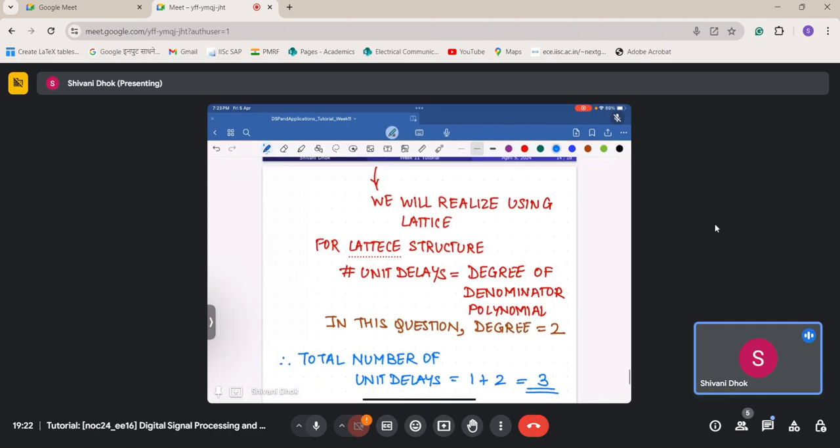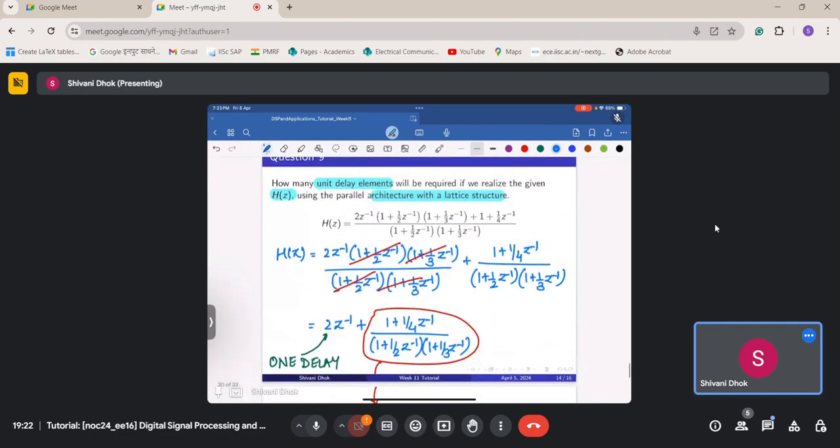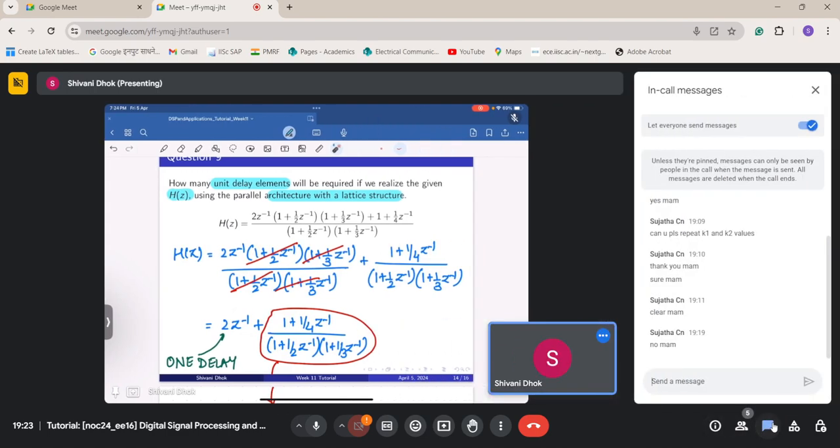So we require 3 unit delays to realize this using a parallel architecture with a lattice. The parallel architecture comes up because I have an FIR added to a rational Z transform. Since we have an addition here, we can realize this through a parallel architecture. Is this clear? Any questions in this part?